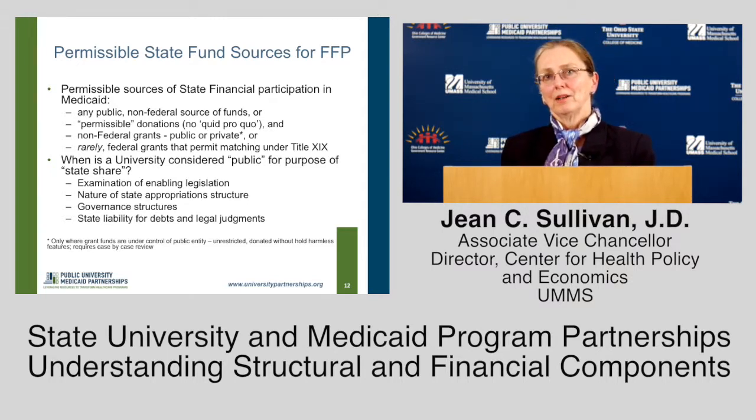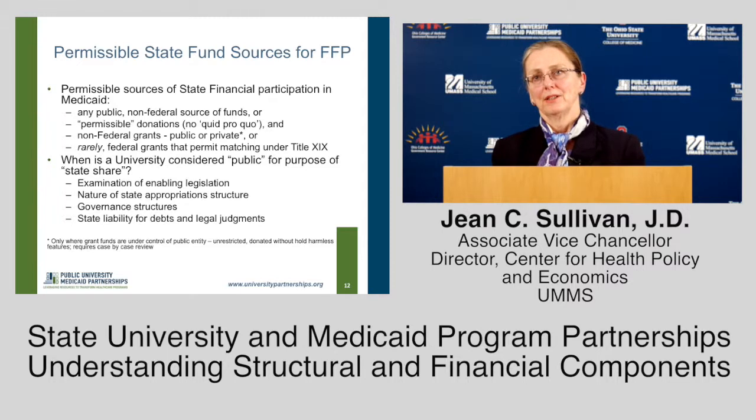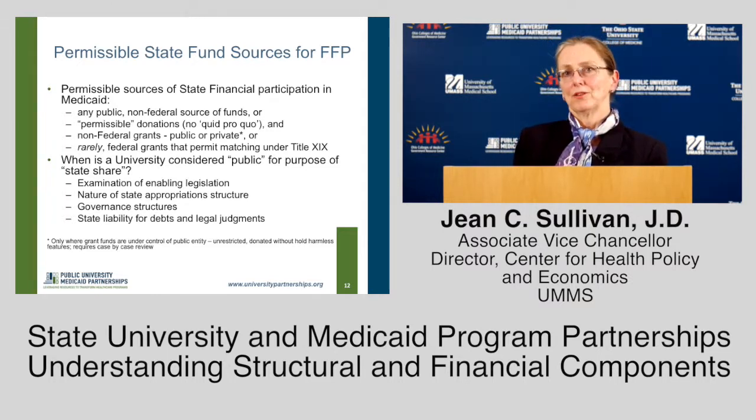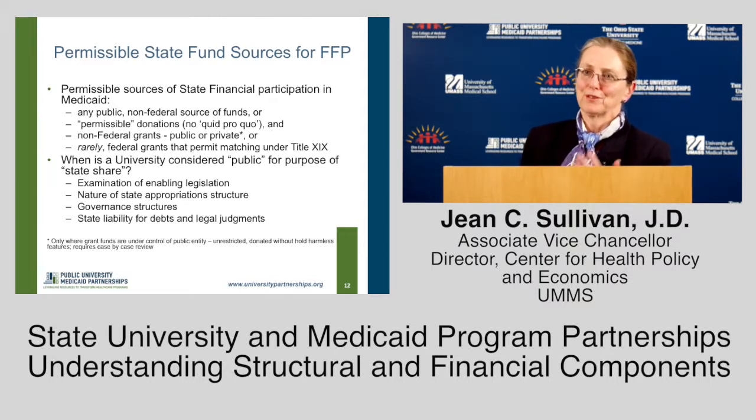So that means that if the university has appropriated accounts or has other public funding from local sources, those funds can be used. The operating budgets of a public university are considered public funds, so those would be permissible. You can also have permissible donations, but what permissible means is not a quid pro quo kind of donation. The donation can't be made to the university in return for the university to pay the entity back again.